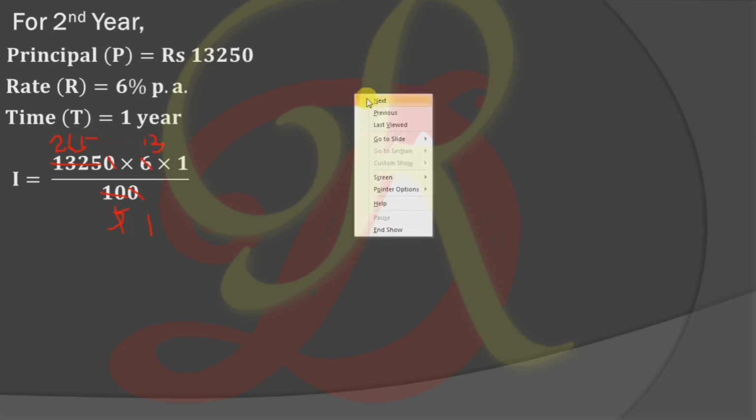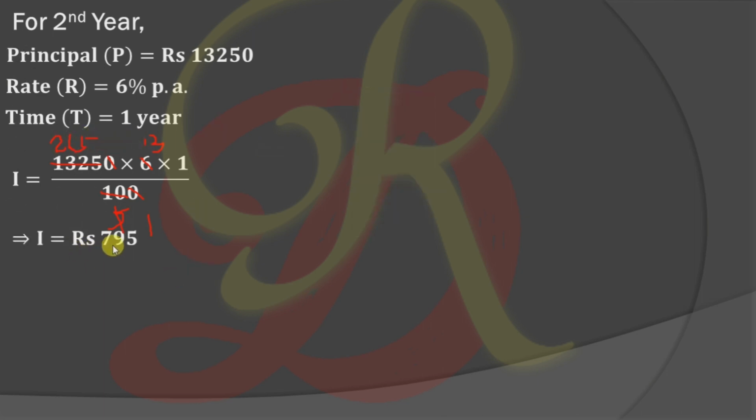So when I multiply, I'll get rupees 795. So amount is equal to, in the second year, principal 13,250 plus rupees 795. When I add these two numbers, I'll get amount is equal to 14,045 rupees, the amount at the end of the second year.